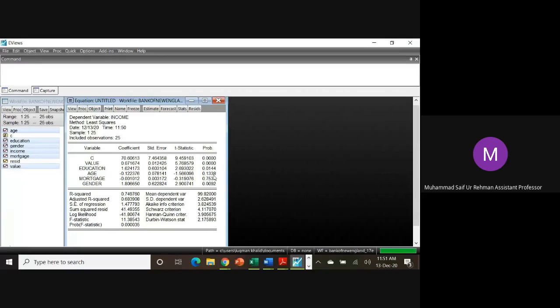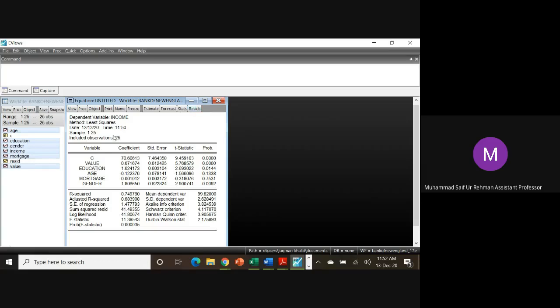So out of these two, first of all, you would have to remove mortgage, and then you will see whether, in the absence of mortgage, age impacts or affects the dependent variable or not.